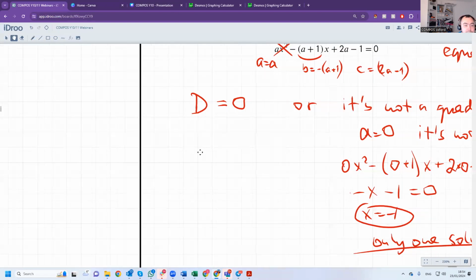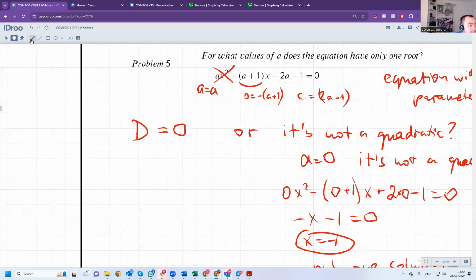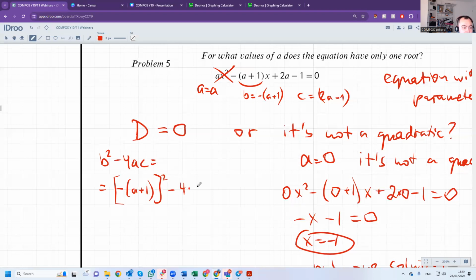Okay. And discriminant is 0. That means b squared minus 4ac. That is minus a plus 1 squared minus 4 multiplied by a multiplied by c, which is 2a minus 1.